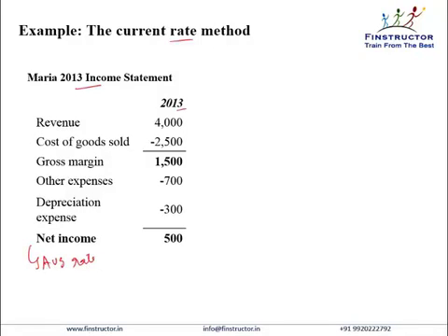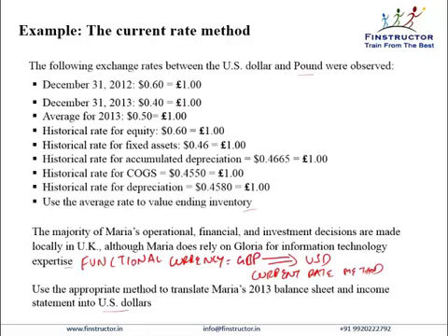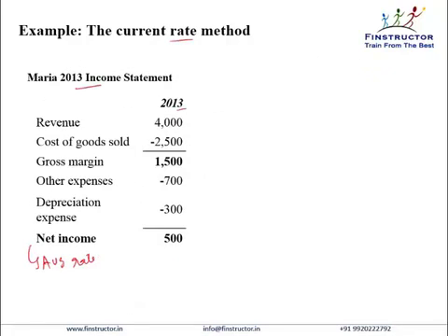So we just need to look up the average rate and convert each of the items. The average rate for 2013 is given as $0.5 per GBP. So we will multiply the GBP revenues by 0.5 to get the US dollar revenues. Similarly, the COGS and the gross margin will also be multiplied by 0.5, since both revenue and COGS have been multiplied by 0.5.